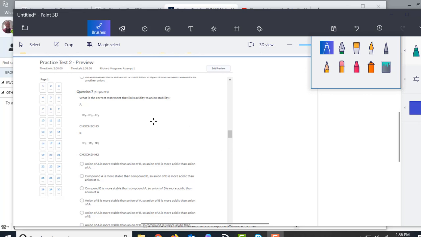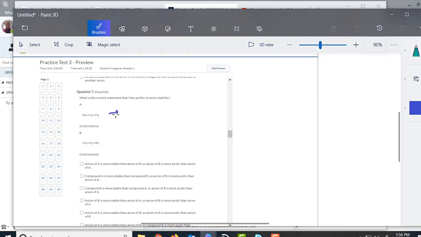With a question like number 7, what you're being asked to do here is figure out what statement is going to link acidity to anion stability. So what I'm going to do here is show you what the anions look like. For this one, it would be CH3, CH2, CH2, CH2 minus, with the minus on the C, and H plus here.